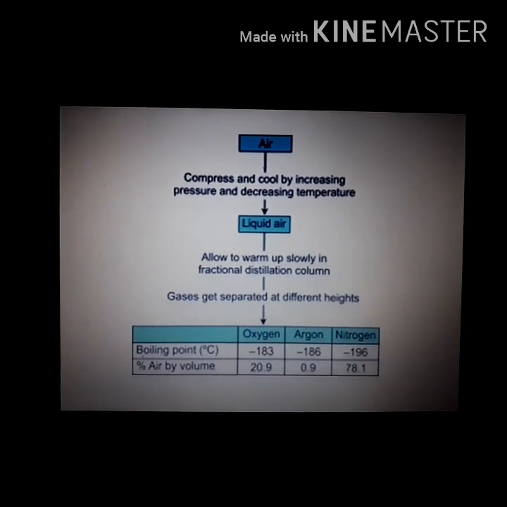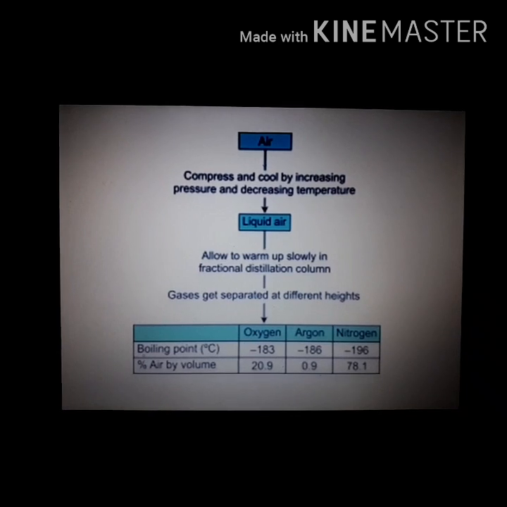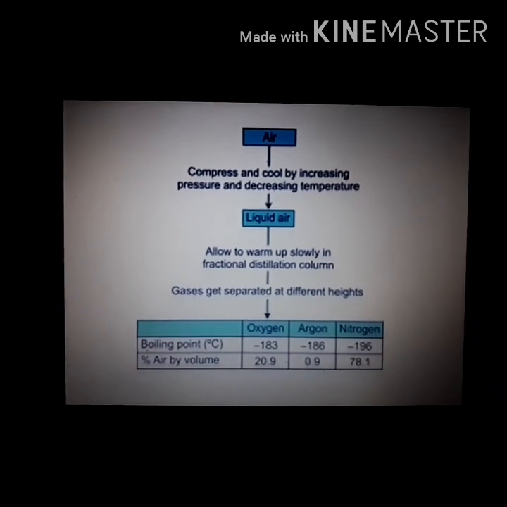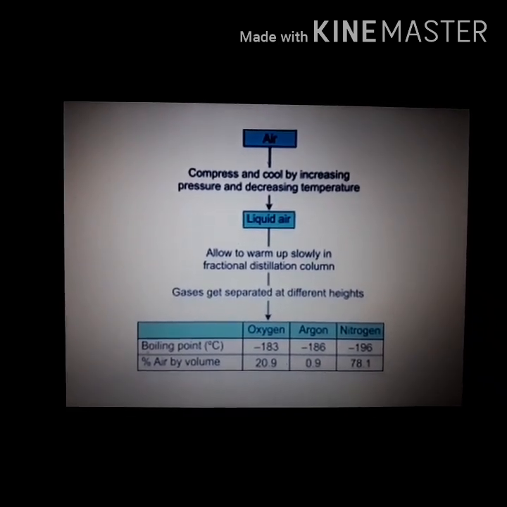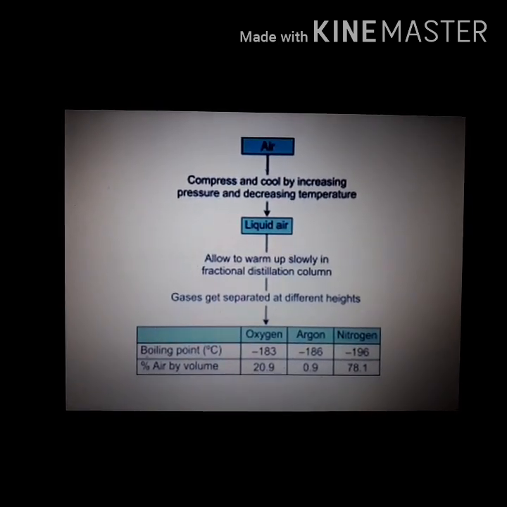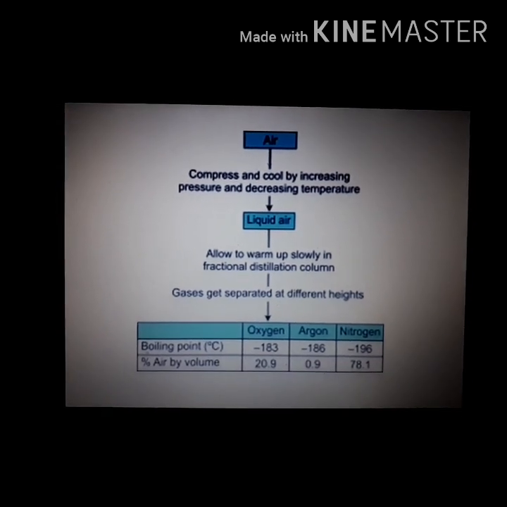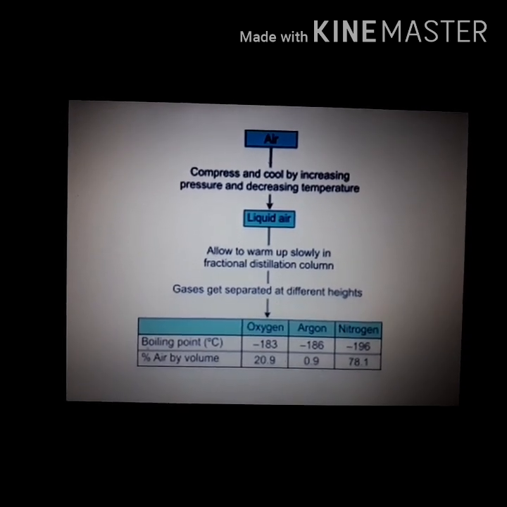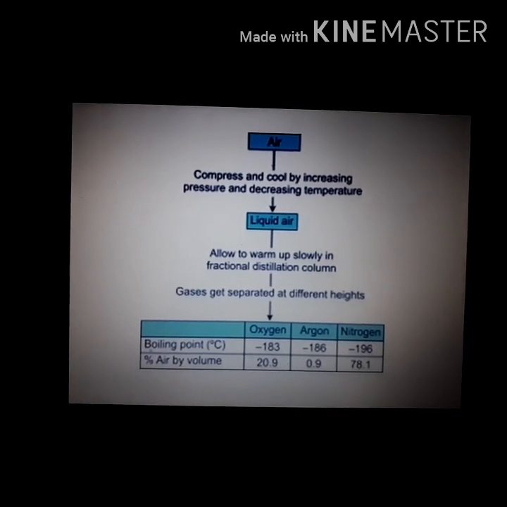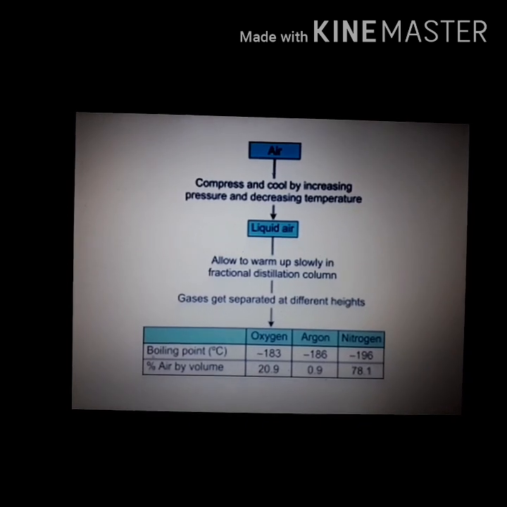It is put in a special fractional column made for it. The gases get separated at different heights, so the height of the fractionating column is very large. The boiling point of oxygen is minus 183, argon is minus 186, and nitrogen is minus 196. Is it clear to you all, students?